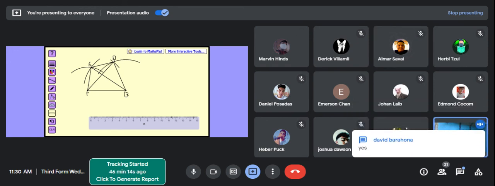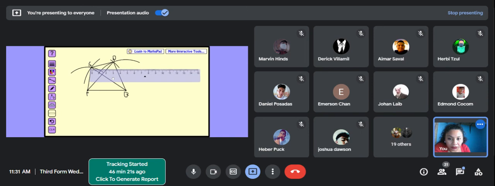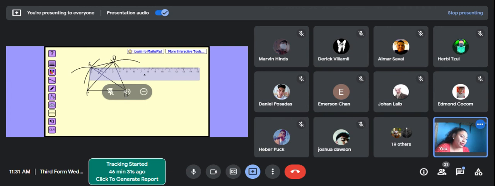So this is what I want you guys to do next, miss. With your ruler, you're going to measure SR. And SR has to measure 3.4 or very close to 3.4. Exact? If it's exact, that means you did a perfect construction.